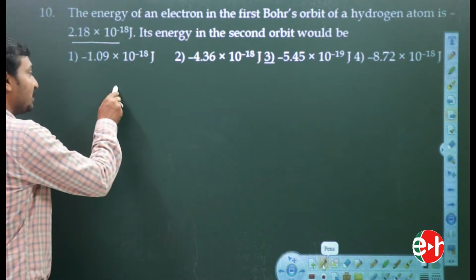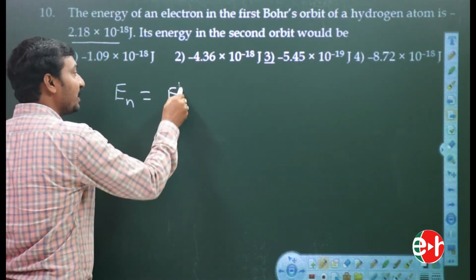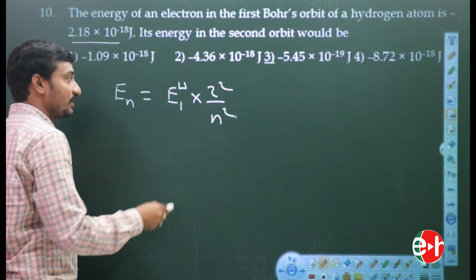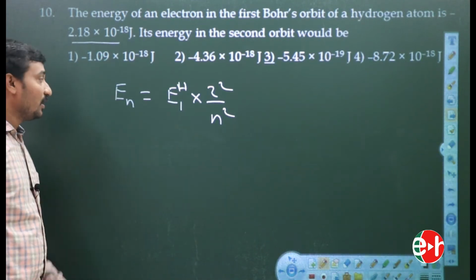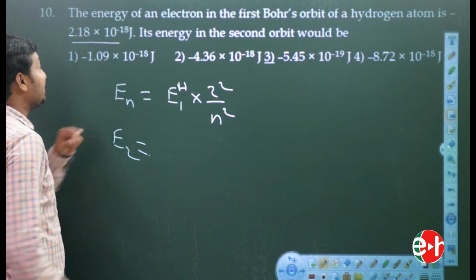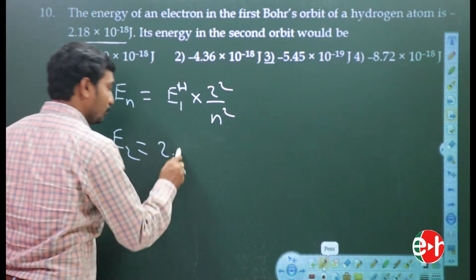We know the general formula En is equal to E1 of H into Z square by N square. This is the main formula. Asking what? Second orbit E2. The first orbit energy is already given, 2.18 into 10 to the power of minus 18.